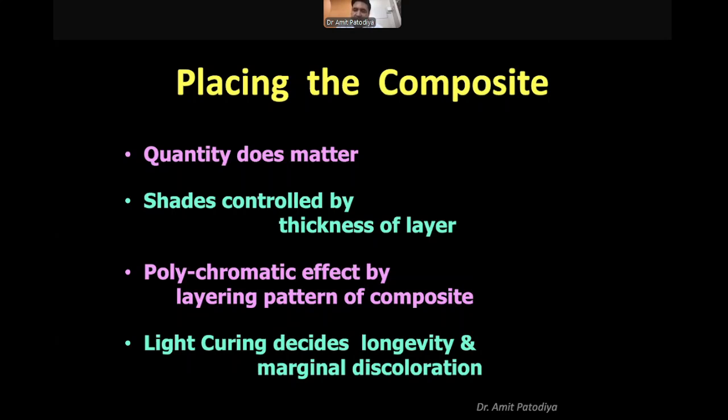All shades are controlled by thickness. So if I want very white teeth, I can use a thick layer of A1. And if I don't want that high whiteness, I can use a thinner layer of A1. So based on how thick my composite layer is, my shade can change.